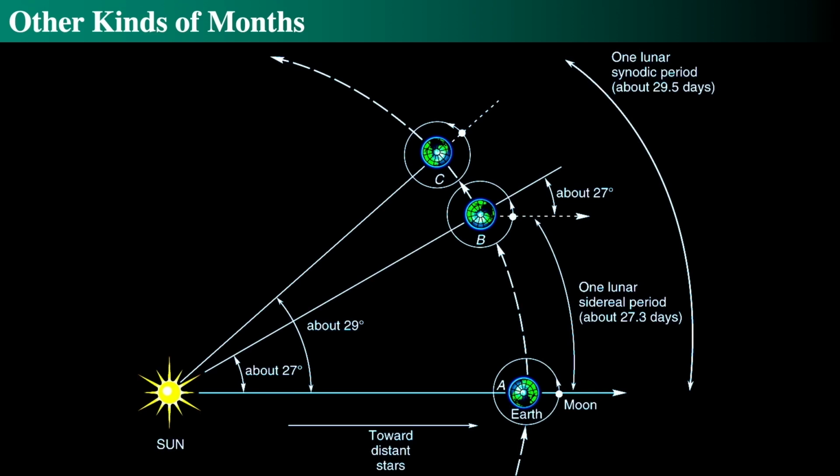Finally, of these 3 different months is the draconitic month or draconic month. That's 27.2 days. The draconic month is similar to the anomalistic month, except that instead of using the line of apsides, it is using the line of nodes. The line of nodes is the intersection of the plane of the moon's orbit around the Earth and the plane of the Earth's orbit around the sun. Let's get that again.